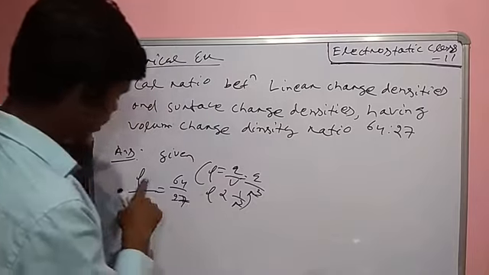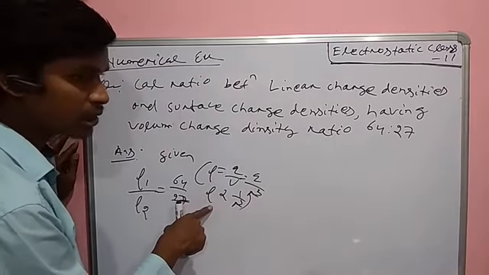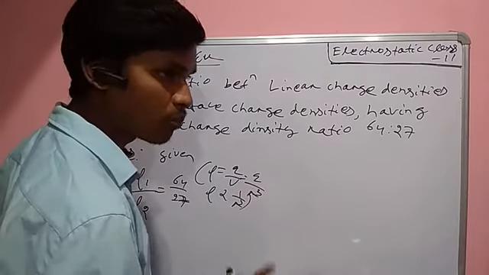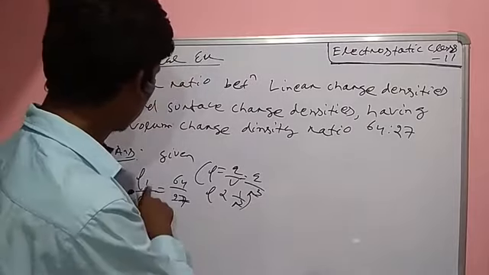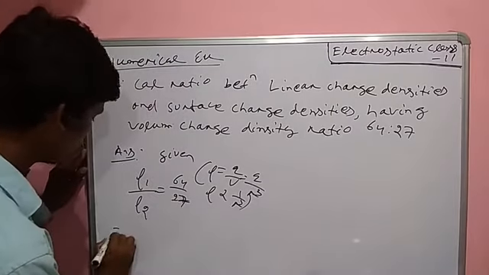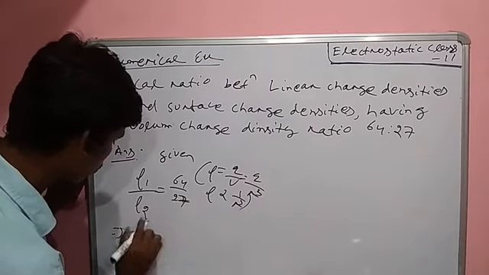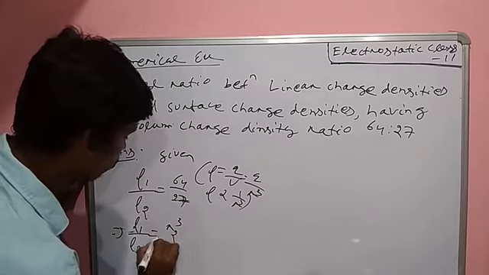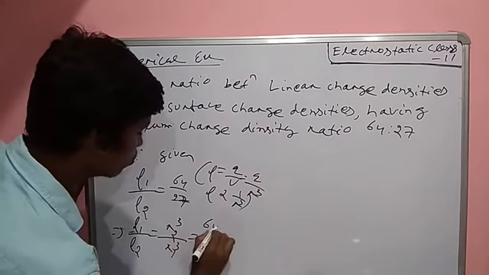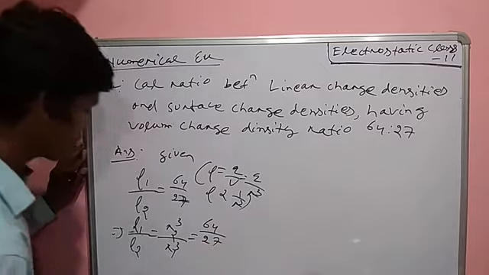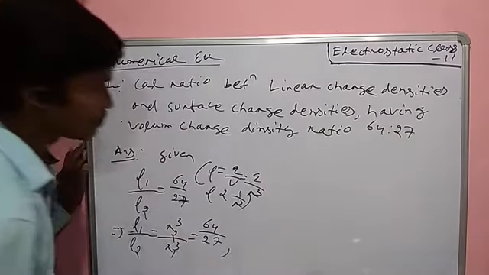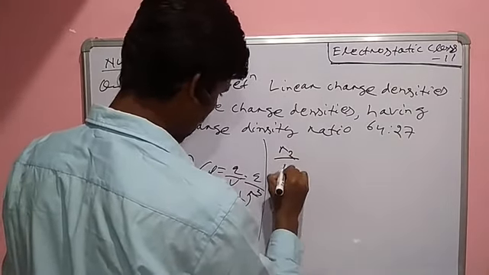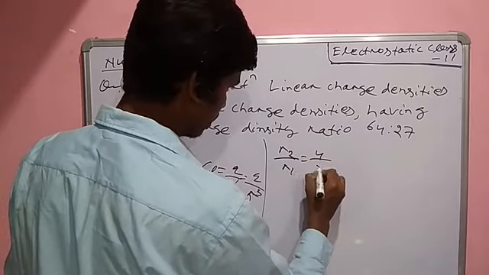So rho 1 is proportional to 1 by r1 cube, rho 2 is proportional to 1 by r2 cube. So rho 1 by rho 2 is equal to r2 cube by r1 cube, which is equal to 64 by 27. So this implies that r2 by r1 is equal to 4 by 3.